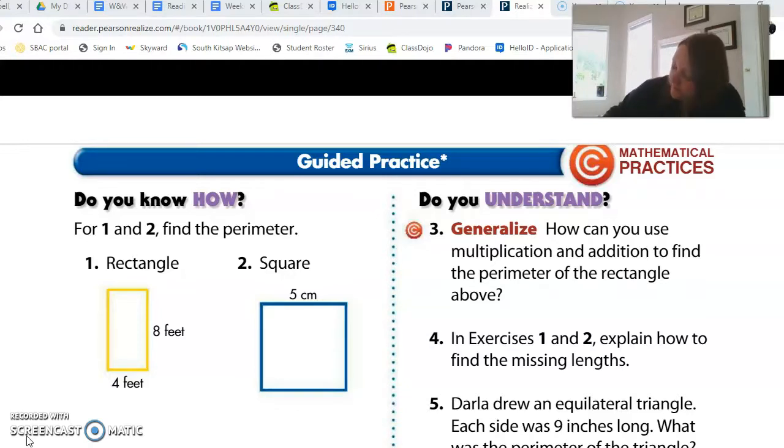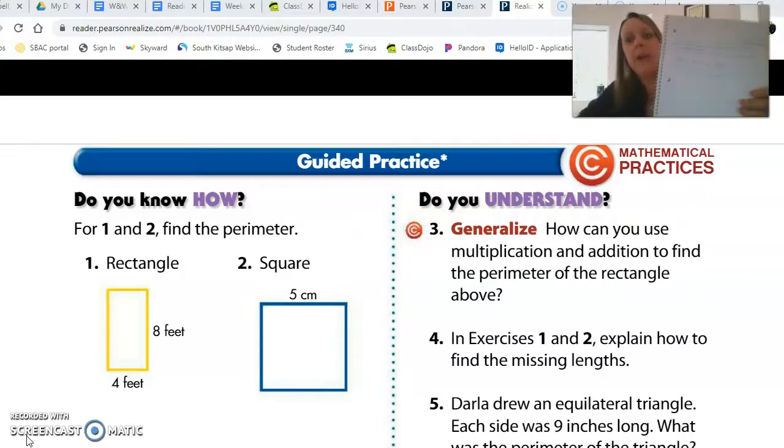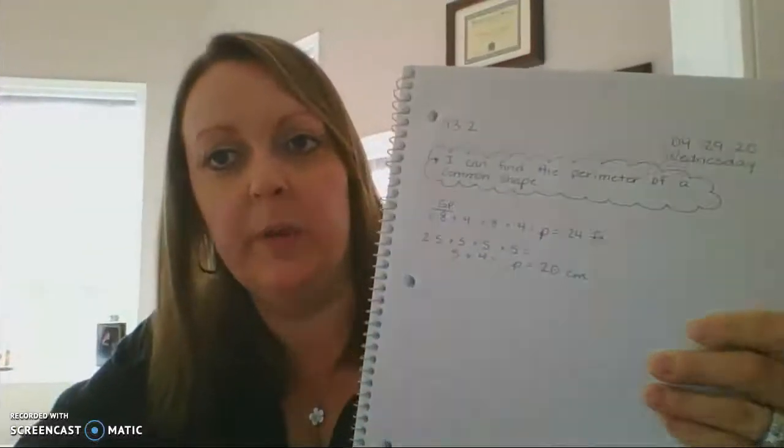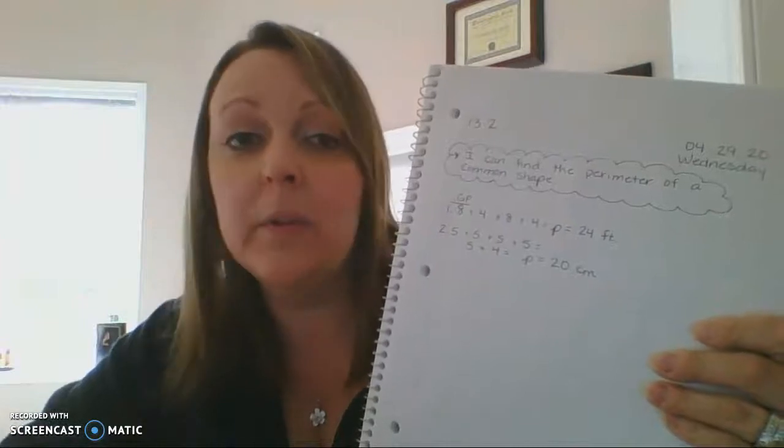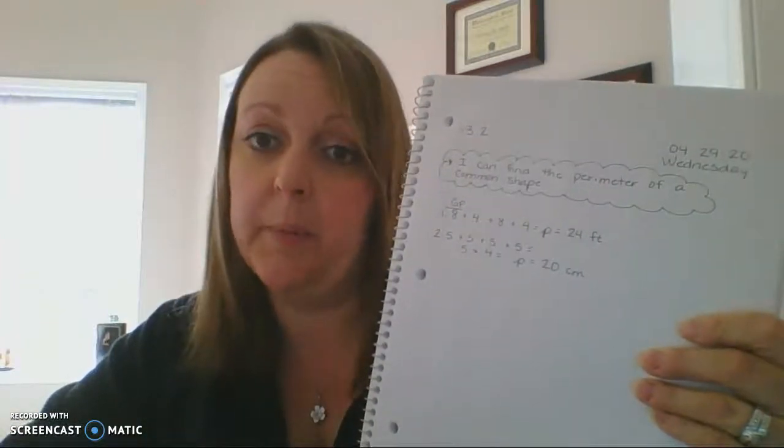Good job. 5 times 4. And the perimeter equals 20 centimeters. Good job. So if you notice, there's a reason why we learn multiplication and why we learn all about geometry before we learn about perimeter, because everything is all tied together.